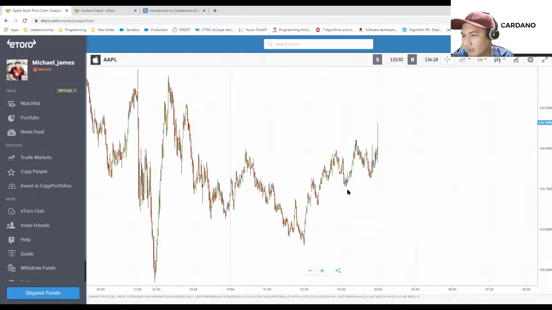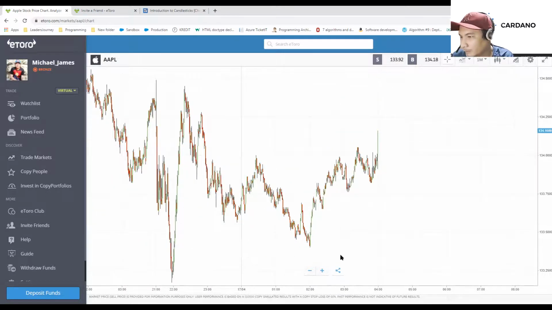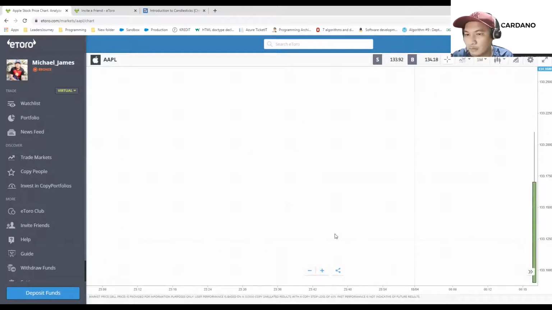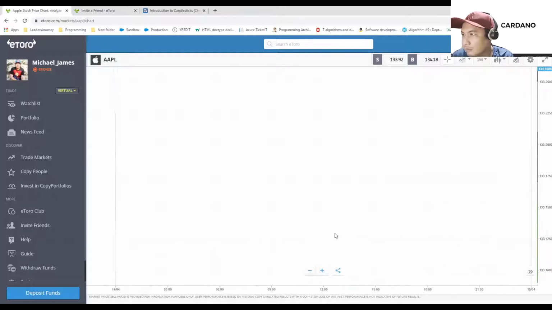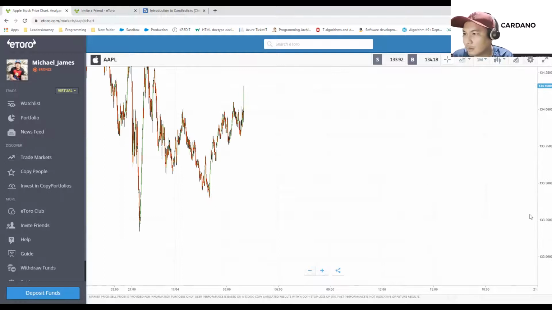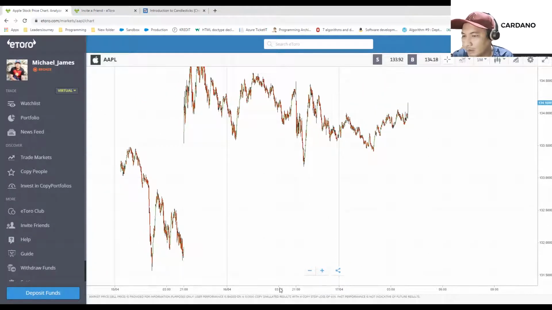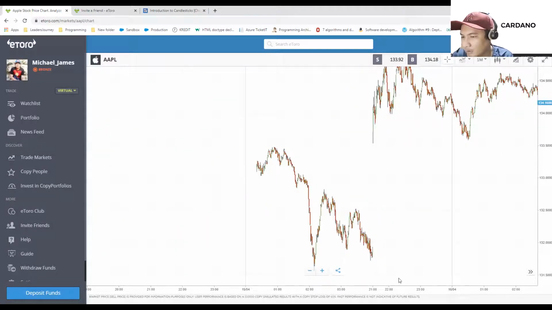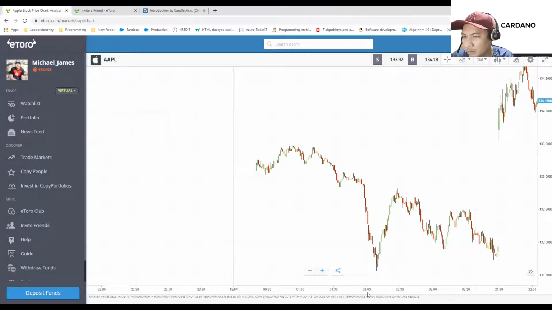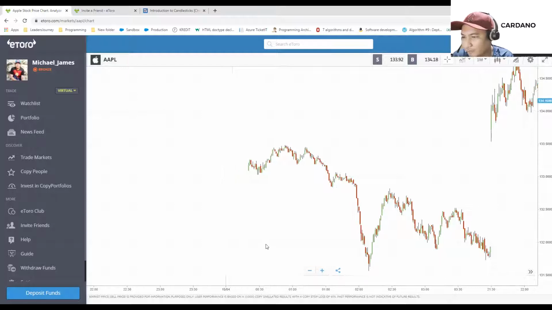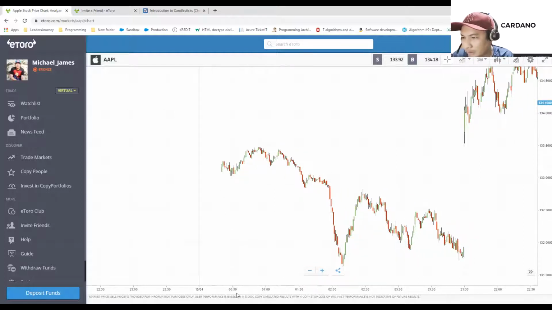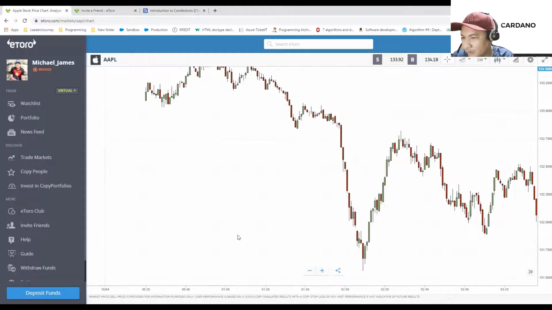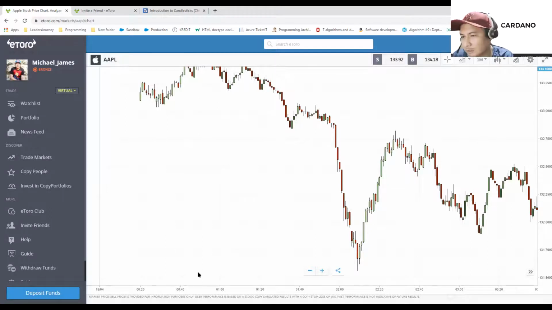Okay, let's look at this graph. I want to use this one, it's better. Example, during this period of time, from 1 a.m. to 3 a.m. Let's just use this as an example.